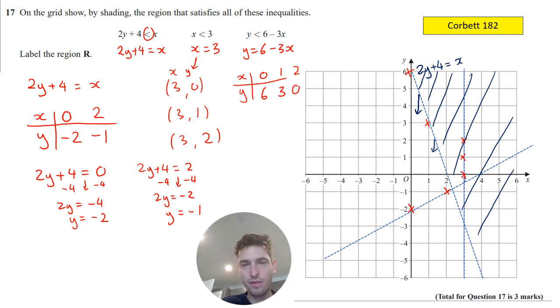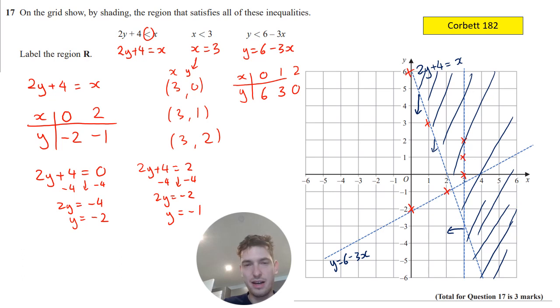Okay, next I got x is less than 3, so I want everything that is less than 3, so to the left of this line. So let's cross everything off to the right of this line, like that. And then finally, this is my line y is equal to 6 minus 3x.